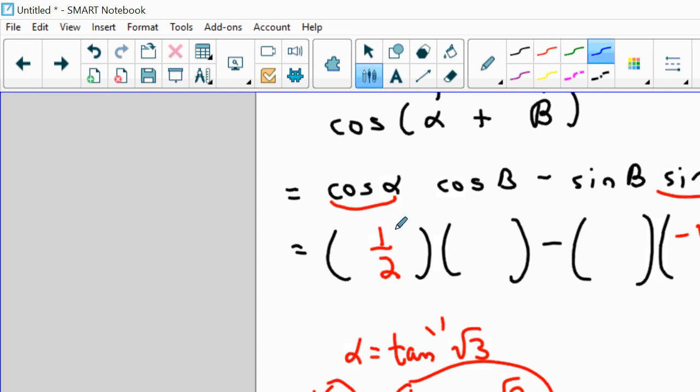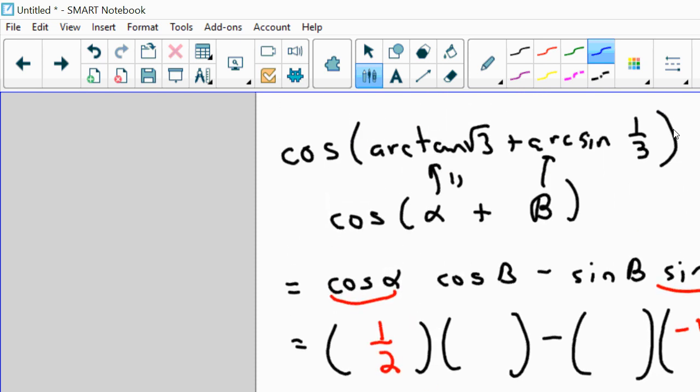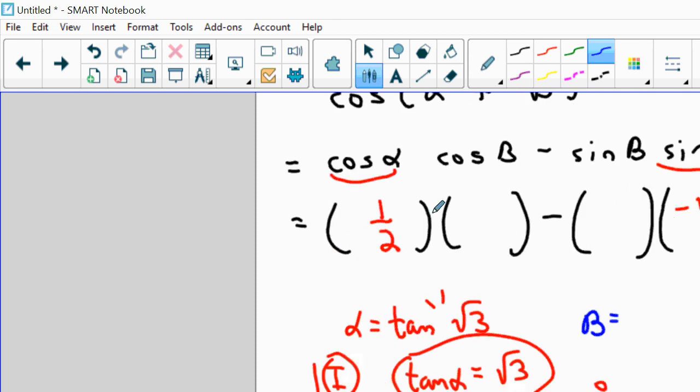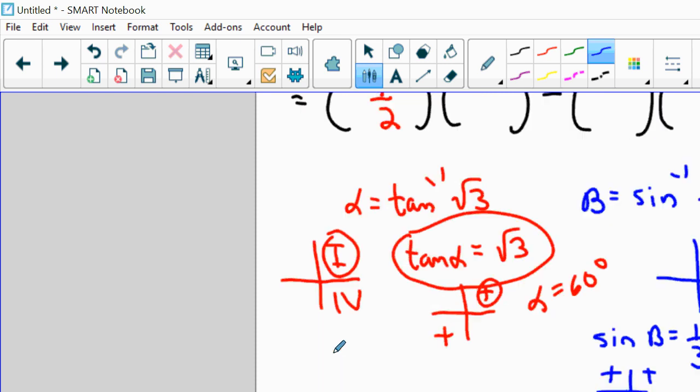And beta is inverse sine of 1/3, not a unit circle number, but sine inverse only makes sense in the first and the fourth. And sine of beta equals 1/3. Sine is positive in the first and the second, therefore we're in the first.